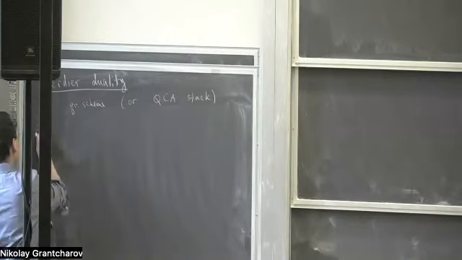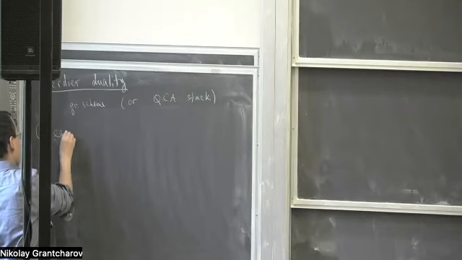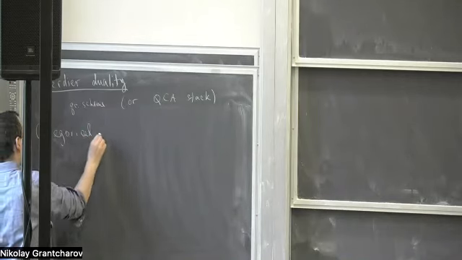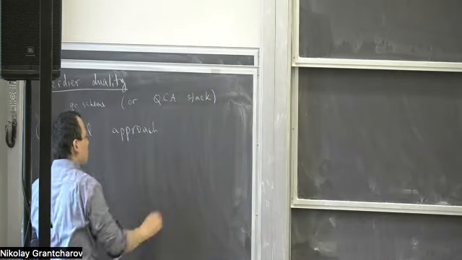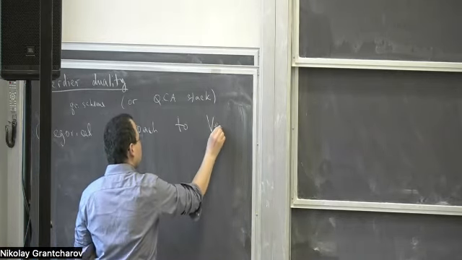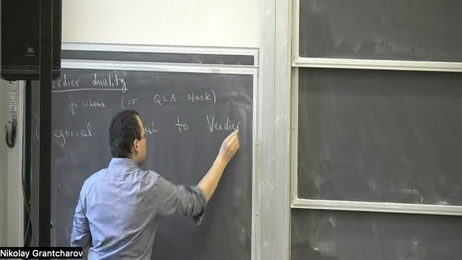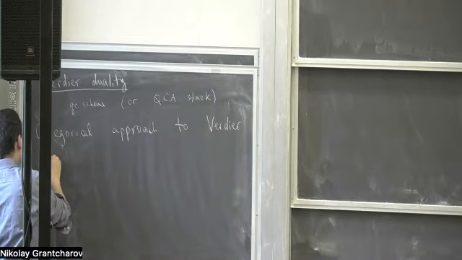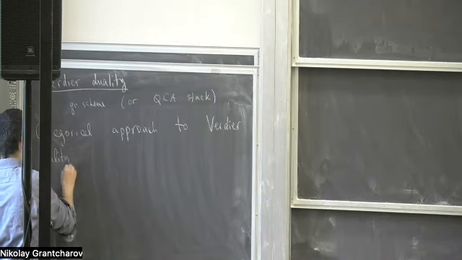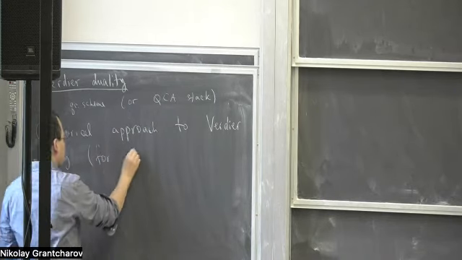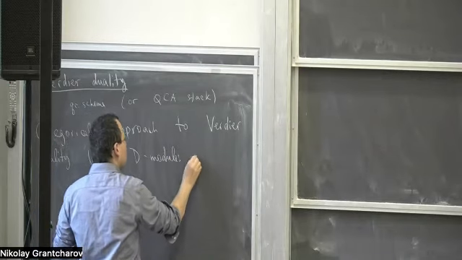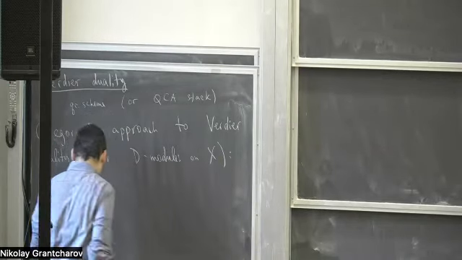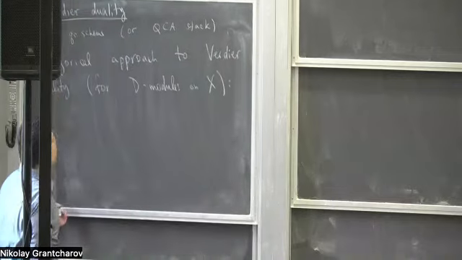Here's a categorical approach to Verdier duality for D modules. What you can do is the following.